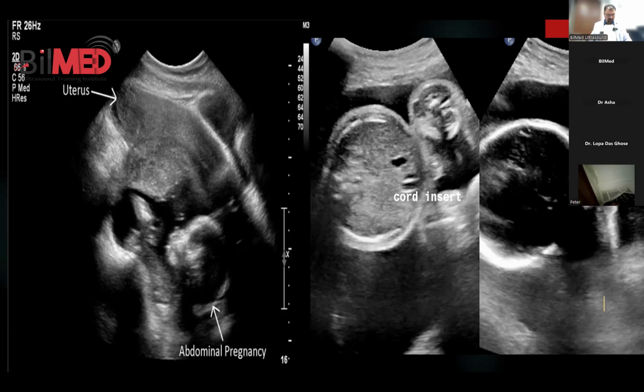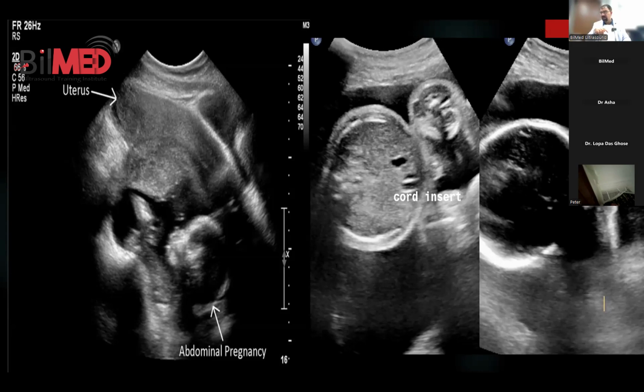So secondary abdominal pregnancy can go up to term. So the only thing that will hit my mind that maybe I am dealing with a secondary abdominal pregnancy is the retroplacental space, I mean this myometrium, which will be missing in case of a secondary abdominal pregnancy.